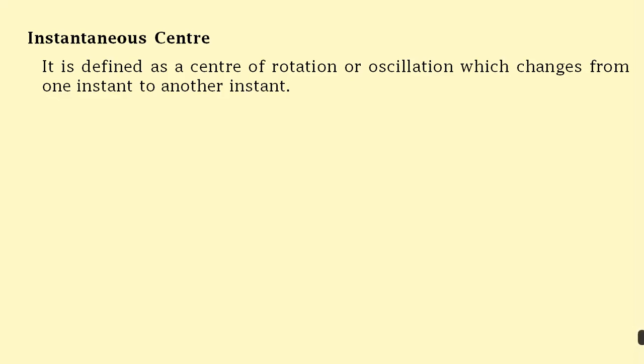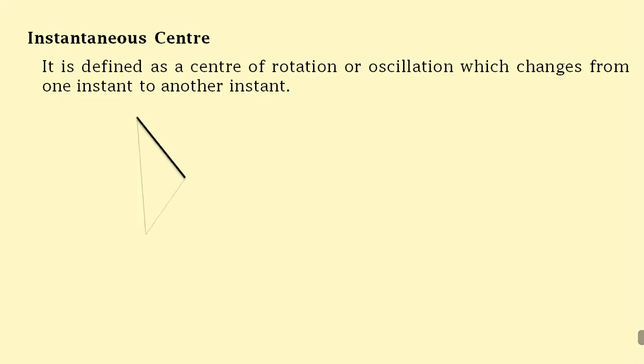That center goes on changing during its oscillations or rotation whenever transmission of relative motion takes place during the working of the mechanism. And how exactly it is going to change, how we can understand that the center of the rotation or oscillation is going to change from one instant to another instant, we can understand by considering a simple example.